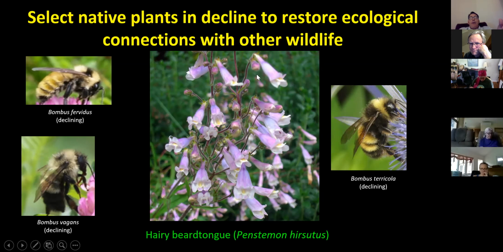So if we plant hairy beardtongue, we're not only helping these, but everything else that uses it, like the other wildlife relying on hairy beardtongue. By putting in these native species, we're helping to restore those ecological connections. The native plant is the connector. The pollinator helps to keep that connector going.